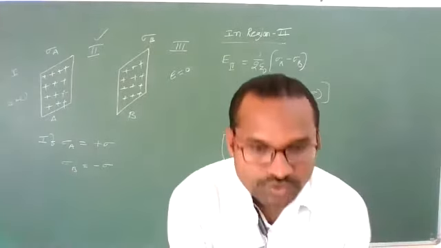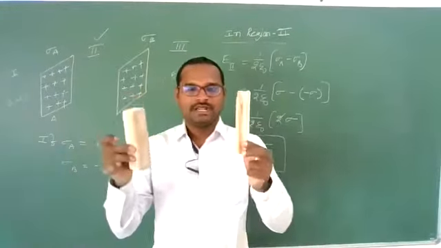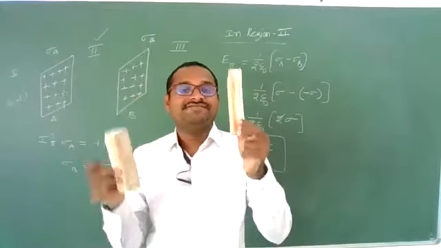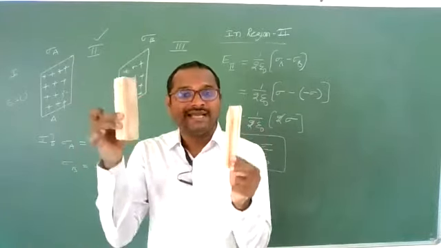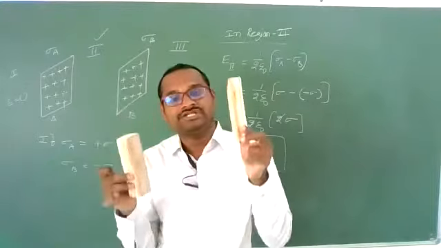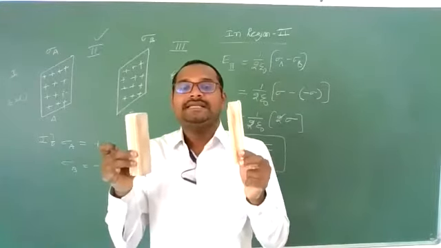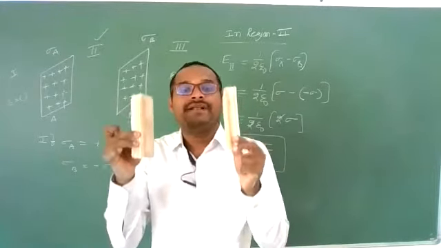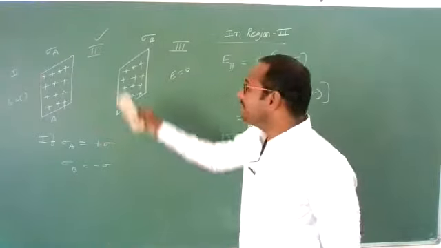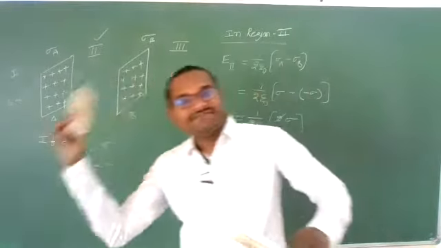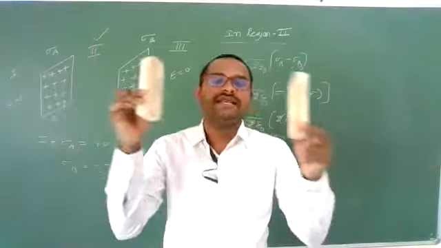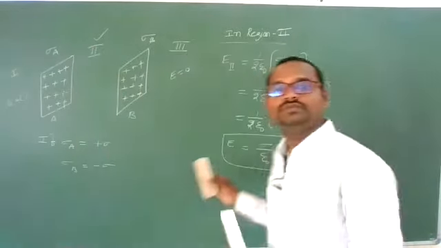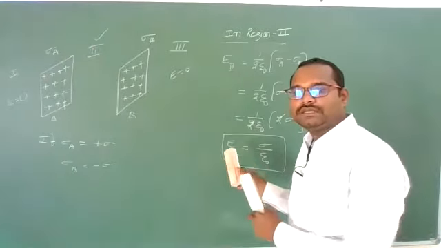It means when two sheets are there whose surface charge densities are equal and opposite in nature, then the electric field will be present only in the middle region. In the left region and right region, the electric field will be 0. That's what you got.